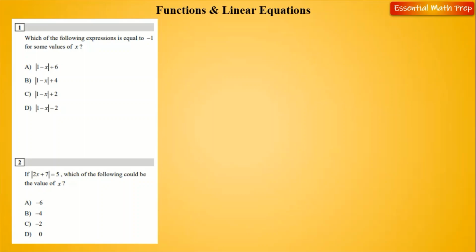In the first problem, you're asked to determine which of the following expressions is equal to -1 for some values of x. We don't know what this x value is. Let's assume x equals 0, just to be safe, because it's neither positive nor negative. One thing you also have to keep in mind is that the absolute value is always positive.